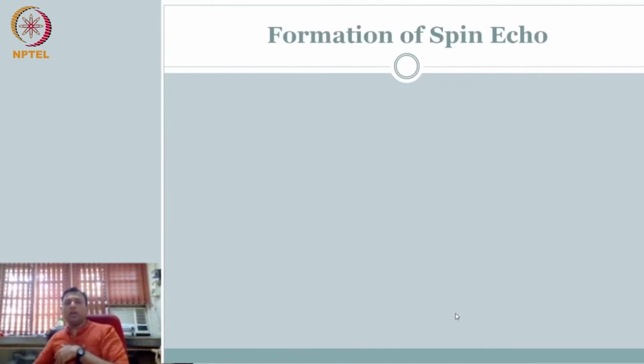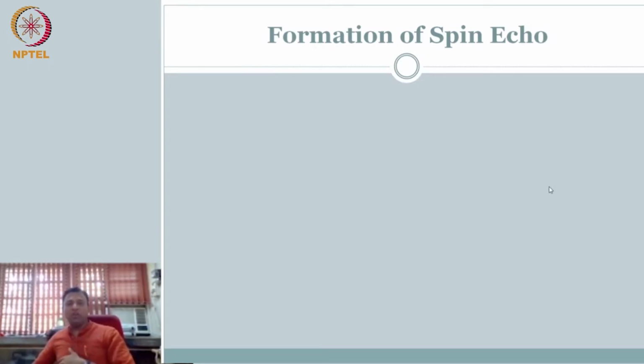So we are going to talk about formation of spin echo. Formation of spin is what we have covered so far. The new term here is echo. What is an echo? Echo is a reflection, right? You have a signal. Echo means a repeat of the signal, a poorer cousin of the signal.